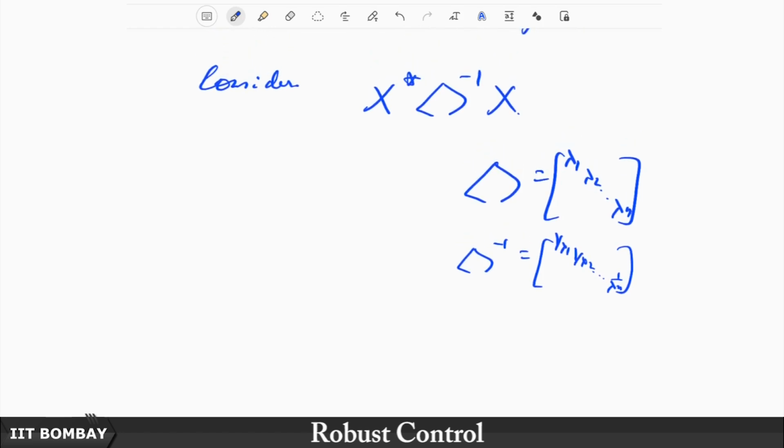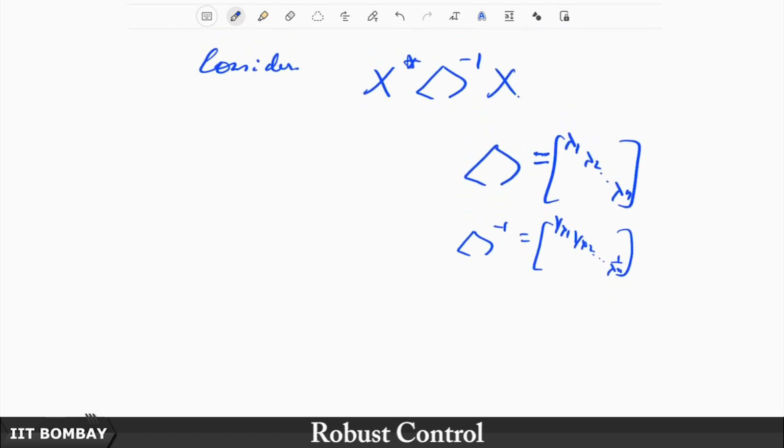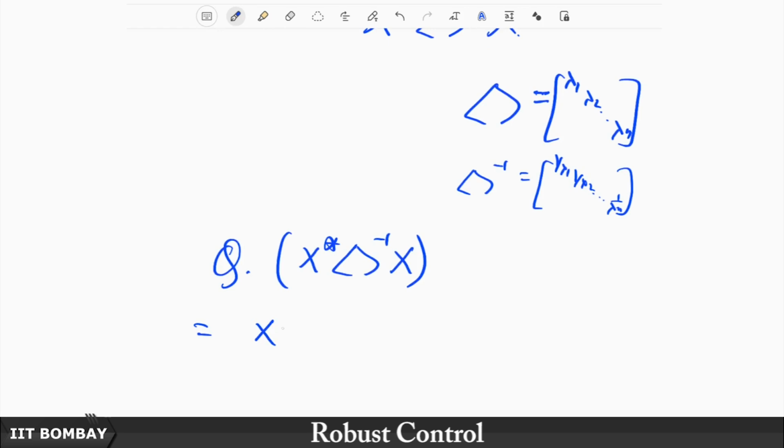So now, if you take this to be the case, then q times x star lambda inverse x is going to be what? x star lambda x times x star lambda inverse x. So this much is q, and this is inheriting from here.